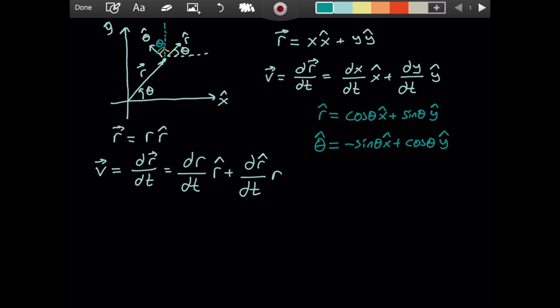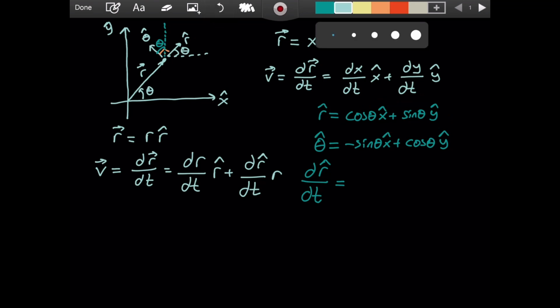So we can now take the derivative of r hat with respect to time. We are going to use this expression. dr hat by dt is going to be equal to, and notice that the derivative is easy to take for this because we are again dealing with x hat and y hat, which are constants. What is the derivative of cosine of theta? Well, it's going to be negative sine of theta only if we are taking the derivative with respect to theta.